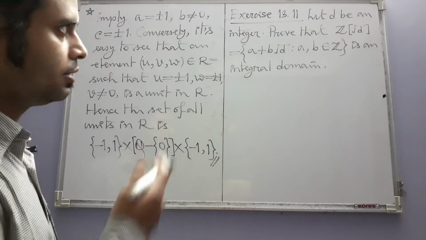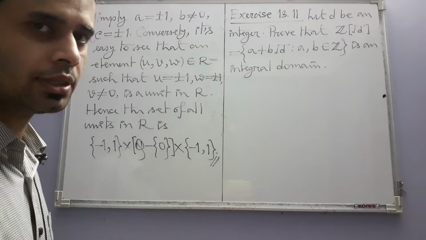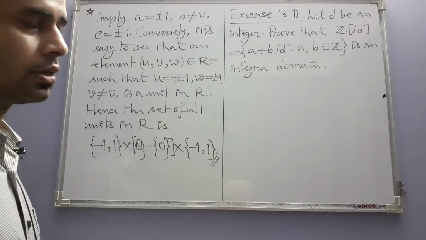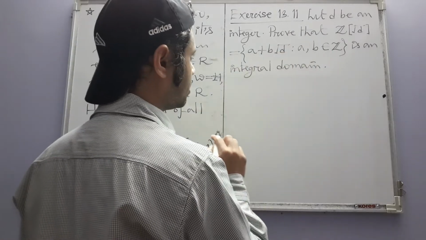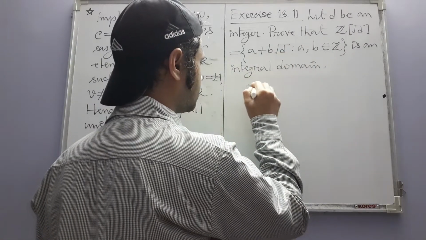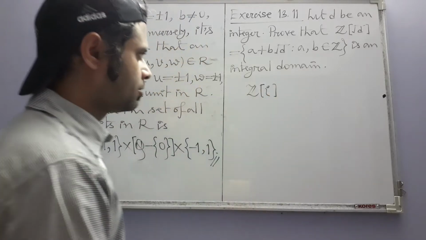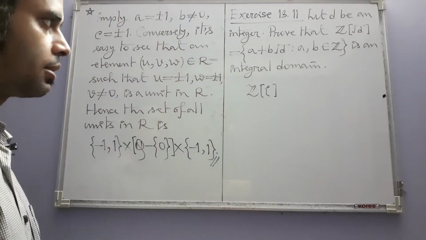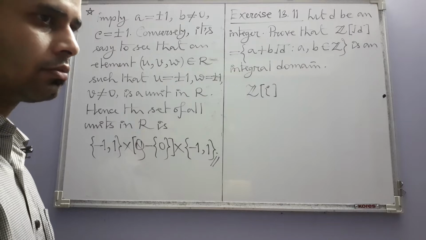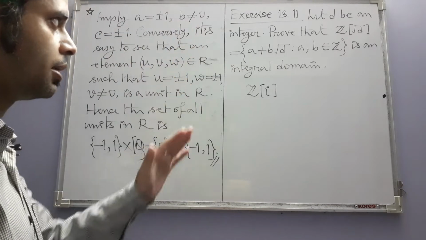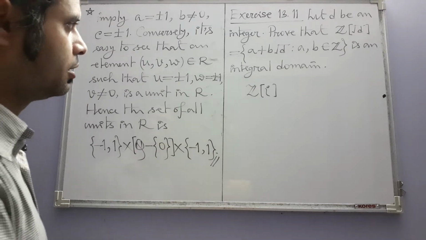You can take d to be -1, you then have the standard i. Okay, if you take d equal to -1, then the set you are looking at is just this, which is nothing but the set of Gaussian integers, complex numbers where the real and imaginary parts are both integers.